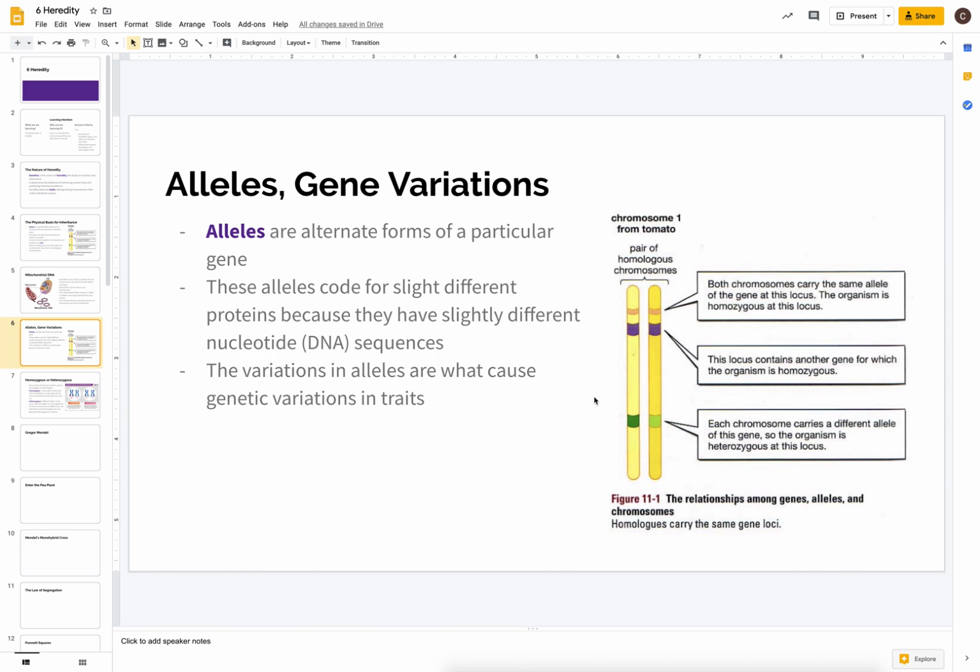This is how we get variation within species. The different alleles have a slightly different DNA code, which means they create slightly different proteins, which can sometimes have very big consequences for us. But that creates variation, and that's why there is so much variation in sexually reproducing species, because different people are passing on different variations of the same gene.